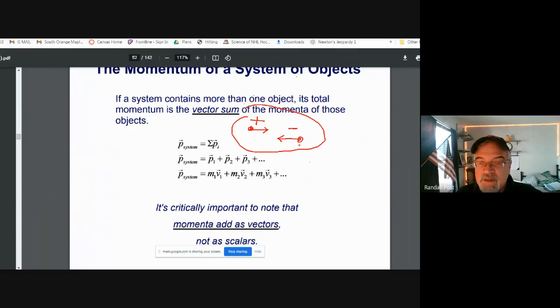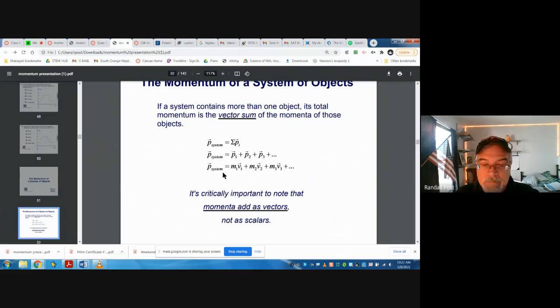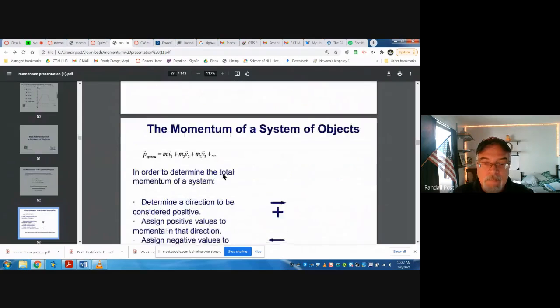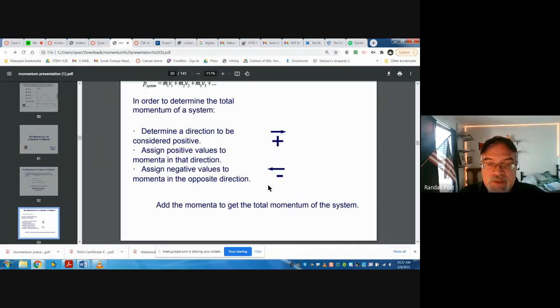Right? So these could be 0 if they're equal. Equal and opposite, they could add up to 0. So we have to use vectors. Direction matters. So here we have positive to the right, negative to the left. Let's use these assumptions as we move forward.